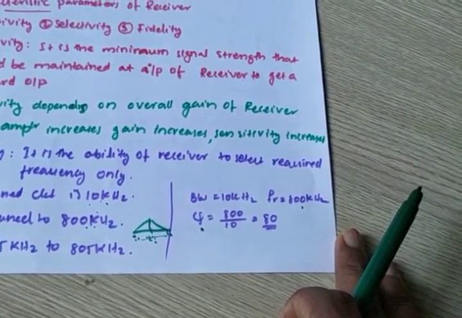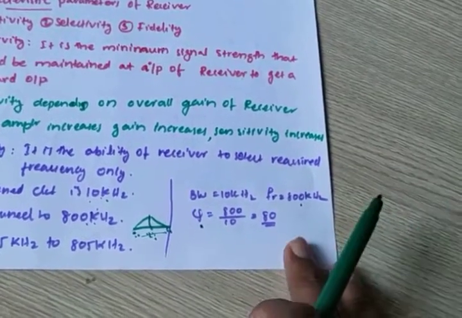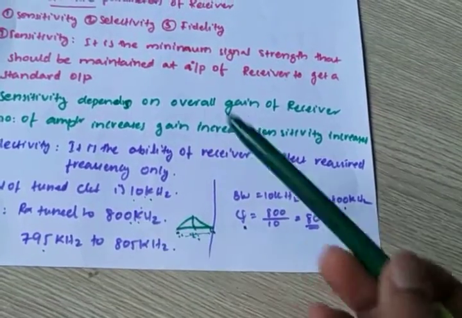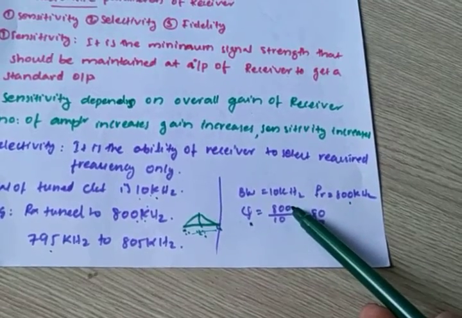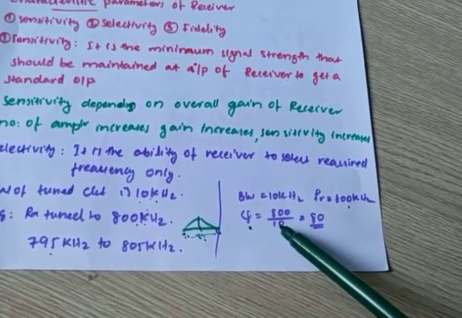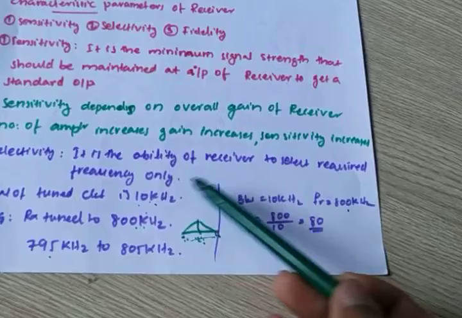Now suppose you change the tuned resonant frequency. When this frequency changes, definitely this also changes, but always we need to keep the bandwidth equal to 10 kilohertz.